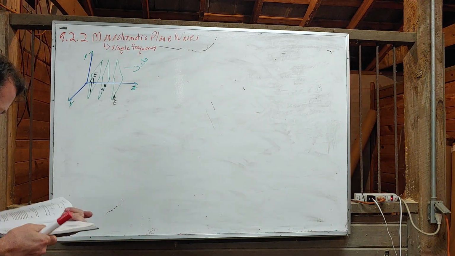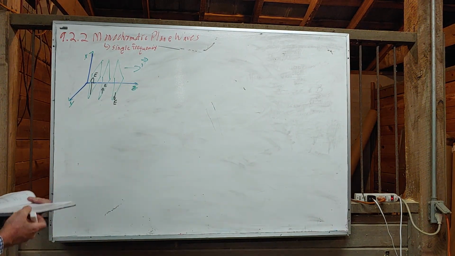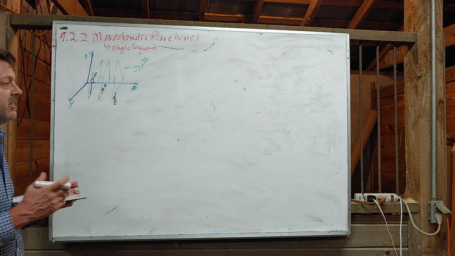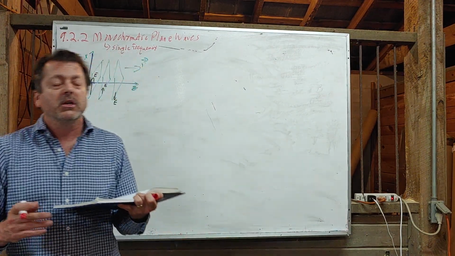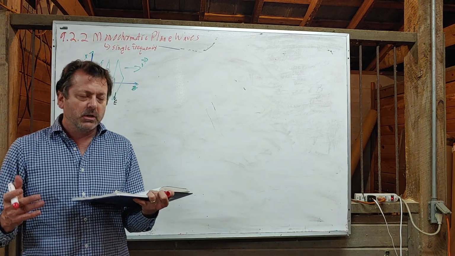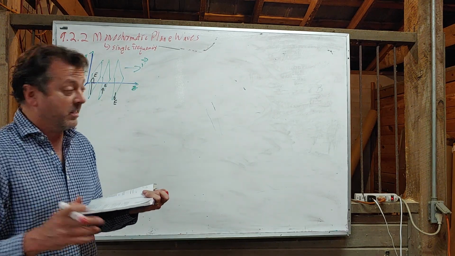Okay? Now, remember we said solutions to the wave equation are sines and cosines. I also said that we can think of sine and cosine in terms of imaginary exponentials. And they're not as hard as you think, though.